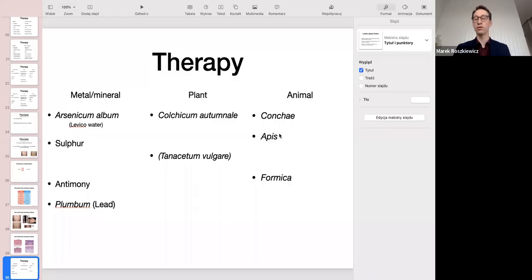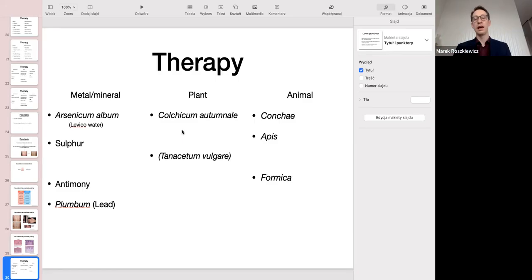Basically, we mainly use Apis or Formica. Apis is an anti-inflammatory remedy, and Formica helps get rid of too many life forces and the other substances in the skin.